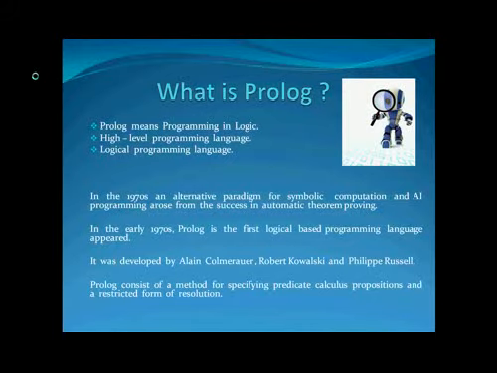The next programming language is Prolog. Prolog is a general-purpose logic programming language associated with artificial intelligence and computational linguistics. The language was first developed in 1972 by Alain Colmerauer and Philippe Roussel.